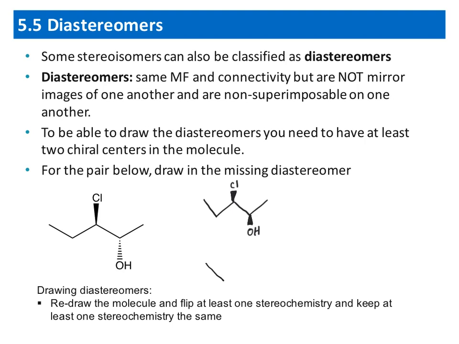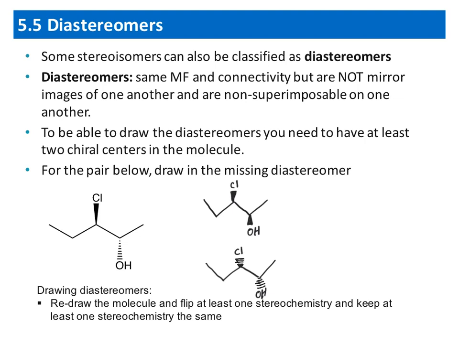Basically what I can do is have the same bond connectivity. Now I want to keep the stereochemistry of the OH the same, and flip the chlorine. So I need to draw both of them in dash.